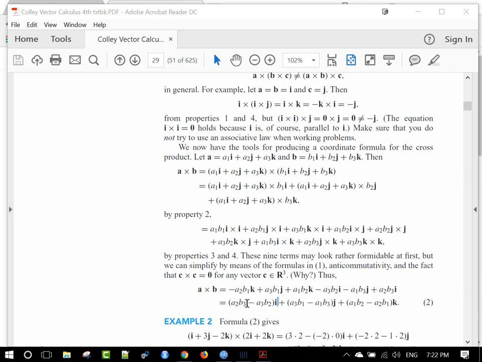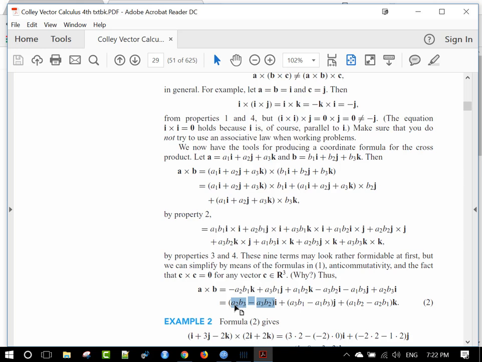And then just remember that you're going to have two terms, and it's going to be A2B3 and then A3B2. Those are really the only possibilities when you're leaving out the subscript of 1.